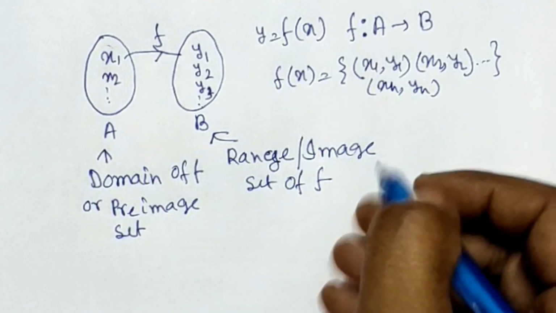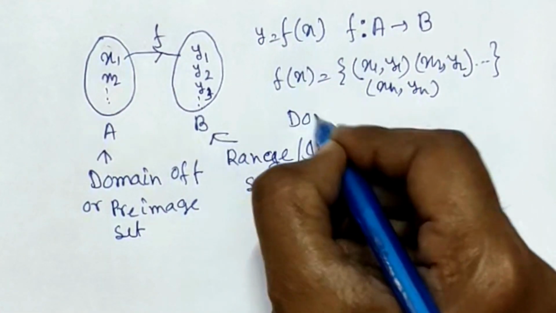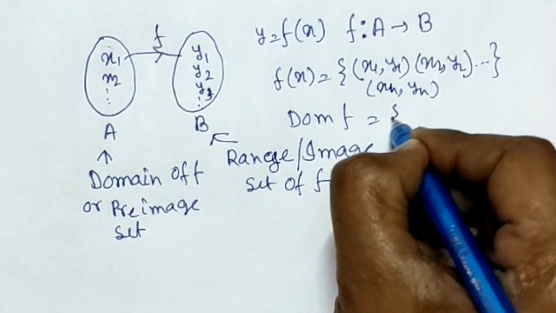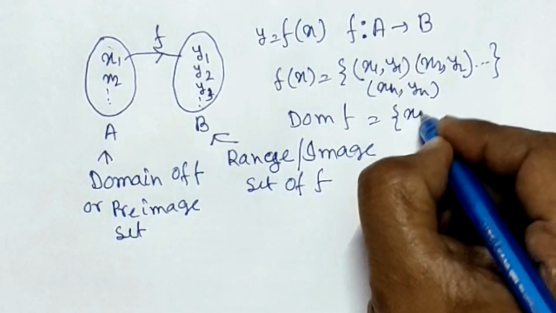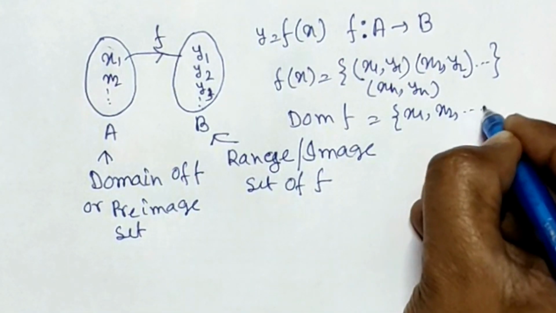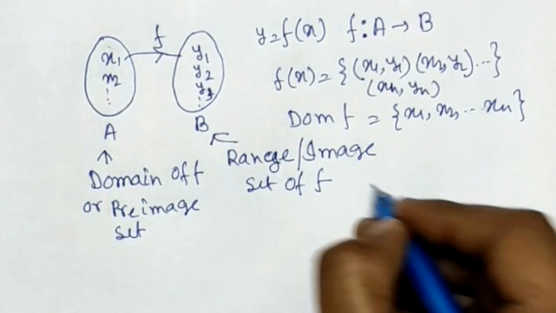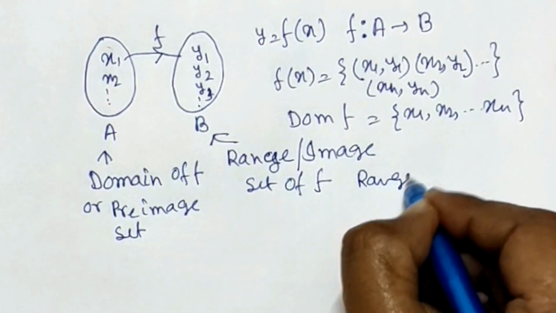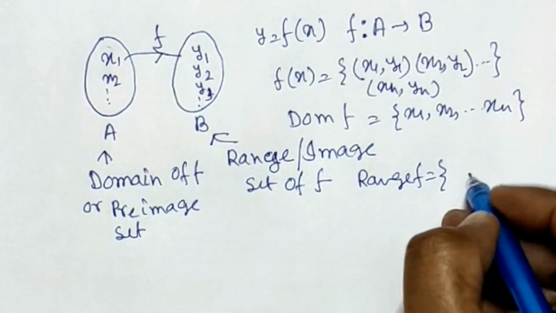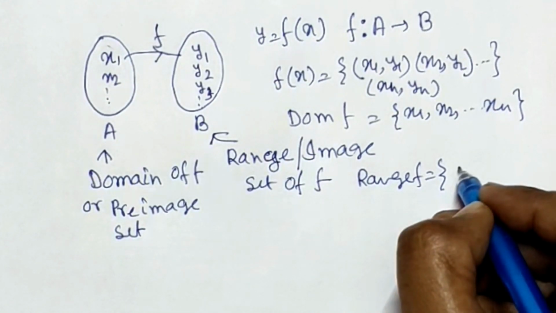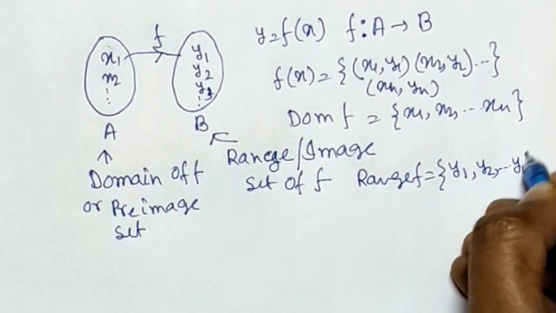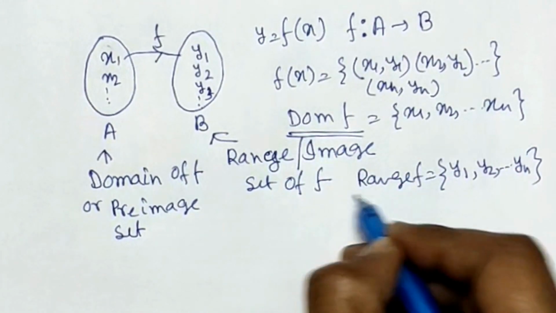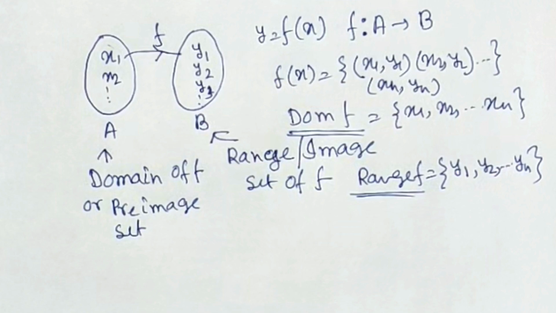Then the domain of f is the set of all the first elements in the ordered pairs x1, x2 up to xn, and the range of f will be the set of all the second elements of the ordered pairs y1, y2 up to yn. This is the basic definition of domain and range.